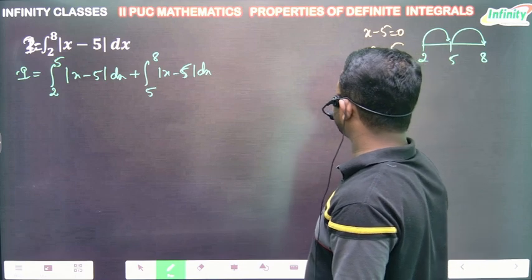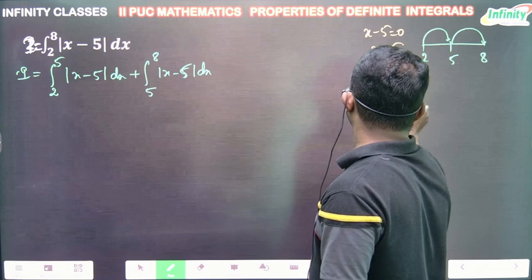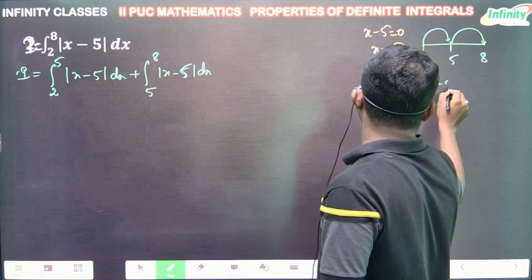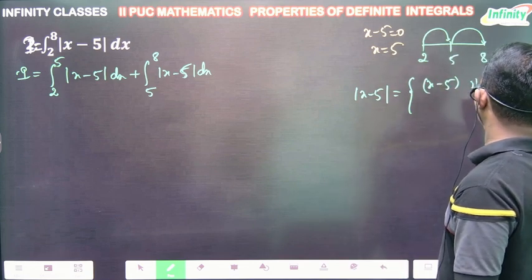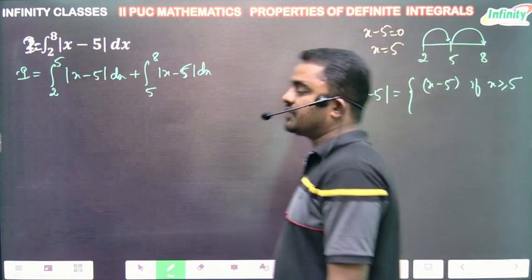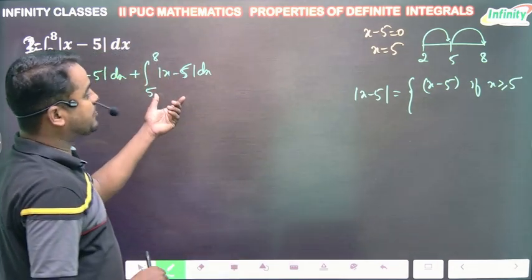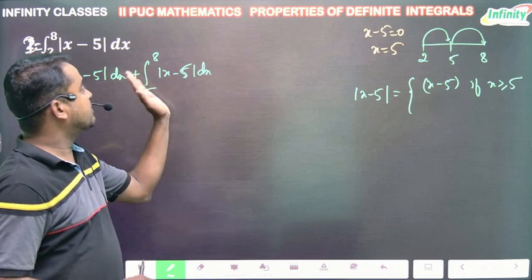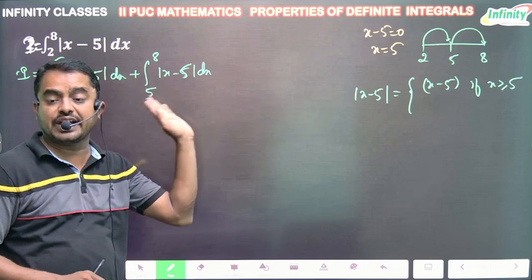See here, mod of x minus 5 is positive if x is greater than or equal to 5. On this interval it is positive. Greater than or equal to 5 means 5 to 8.